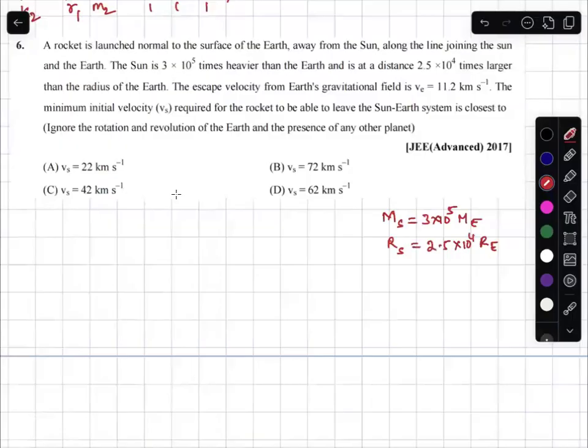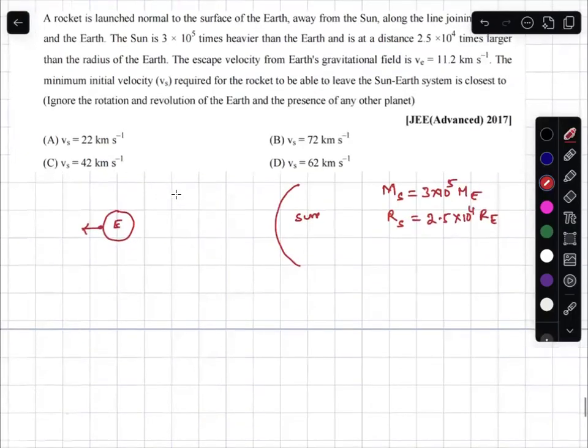For example, this is earth, and here is sun, and you want to escape like this. Common sense, don't throw velocity towards the sun. It won't escape.